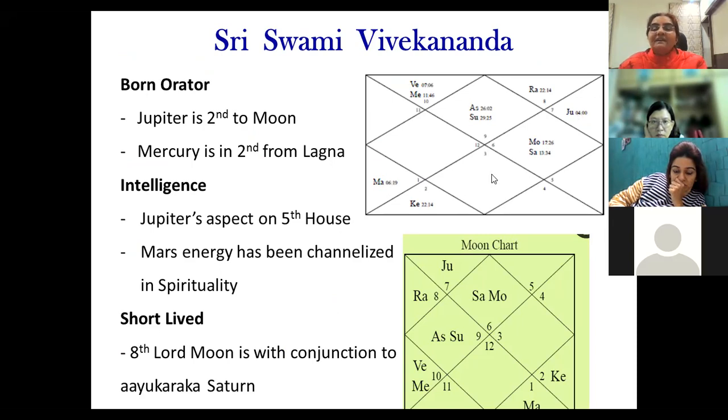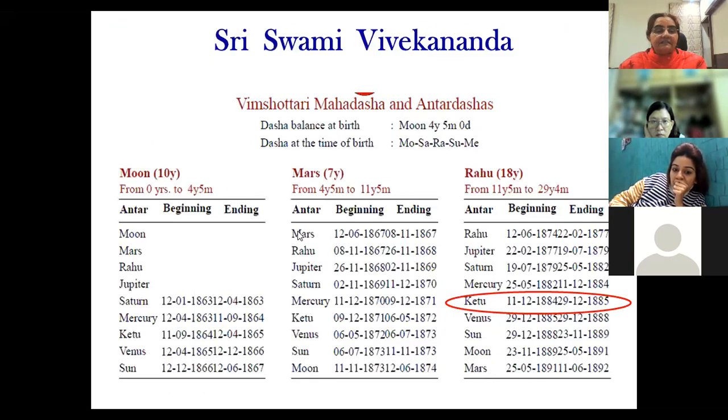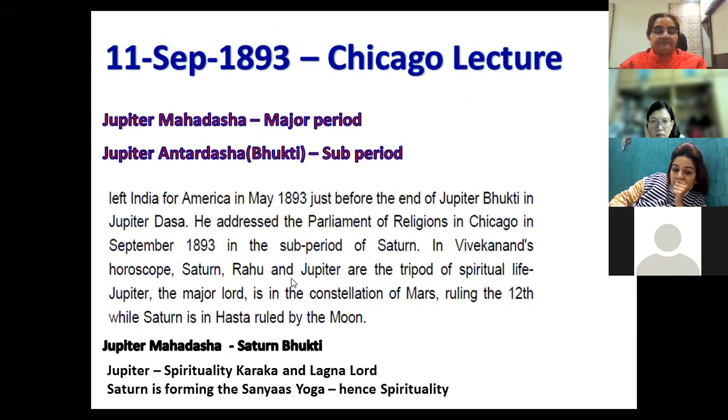And Saturn and Moon are anyways together, so they are in each other's nakshatra also. Now let us see the lecture part. In Vivekananda's chart, Saturn, Rahu and Jupiter, these three planets were the reason behind his spiritual life. The dharma part you can consider as spiritual life also.